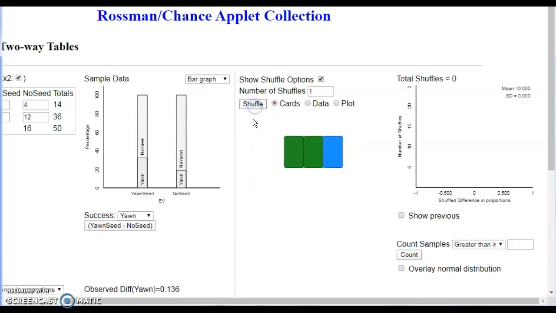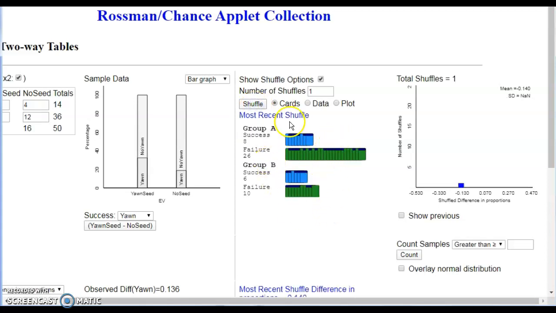I click shuffle, and it's going to take those 50 people and assign some of them to group A. That's 34 cards to group A and the remaining 16 to group B. Of those cards, 8 of them were successes, and that would be yawners, and 26 were not yawners.